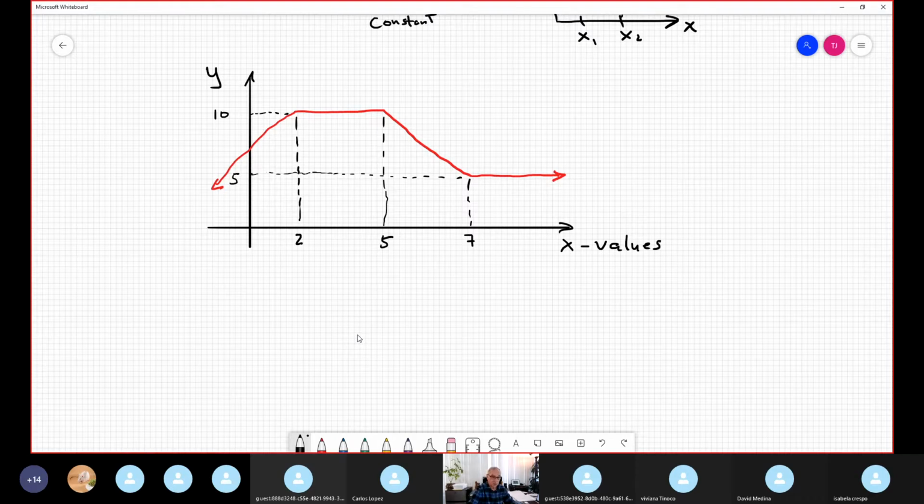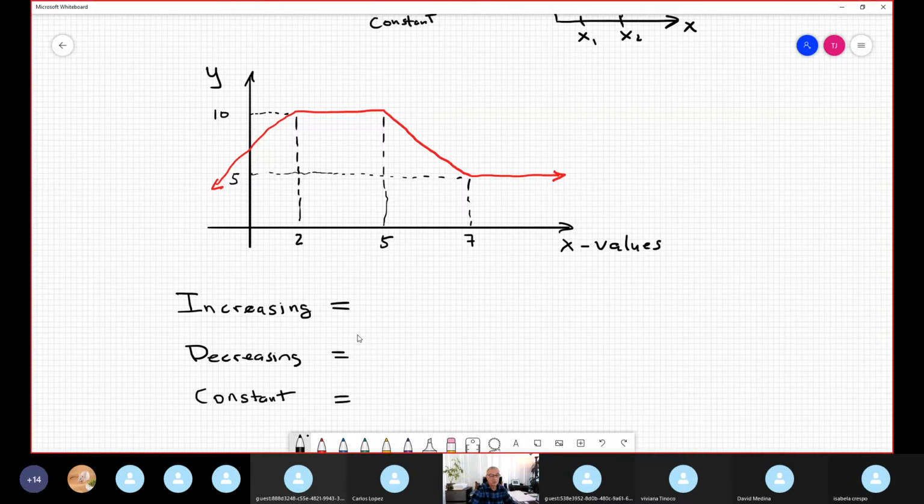So you put here increasing equals, decreasing equals, constant equals. It is obvious, remember, from left to right, in the direction of the arrow of the x-axis, you put the roller coaster car to travel along the curve.